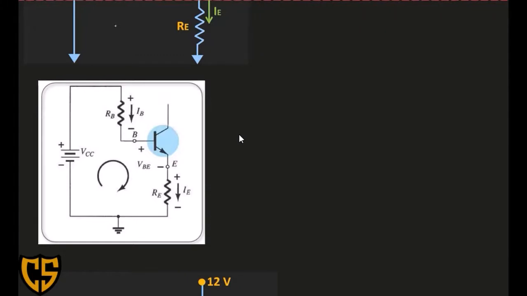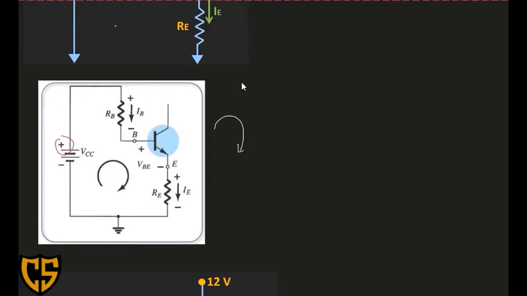So let's start our solving. The direction of our current is from this one to this one, so the last value it passes is positive. So our symbol is positive.